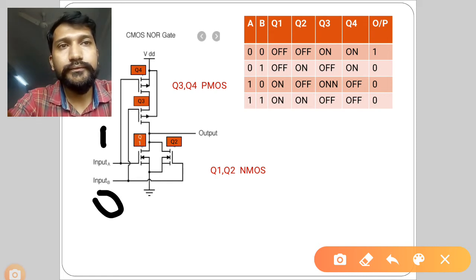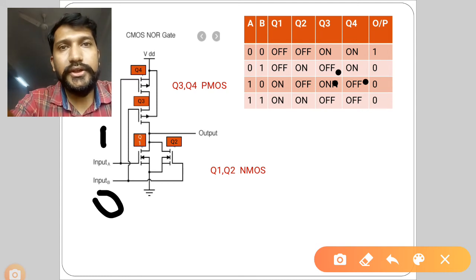Let us see, that 1 is given here, so it will become on. Q4 will become off. Next, that 0 which is given to B goes to Q3, which is your PMOS. So Q3 will become on.